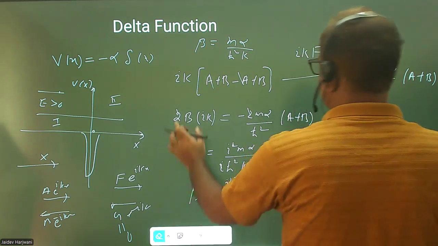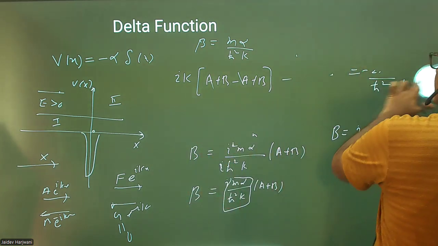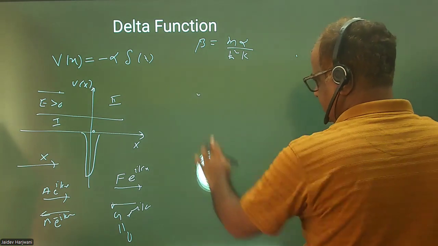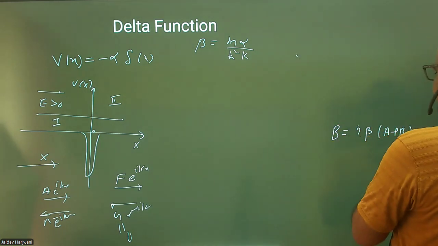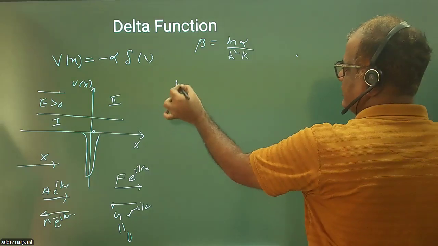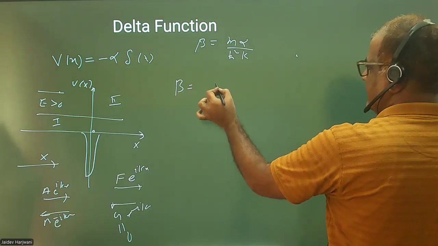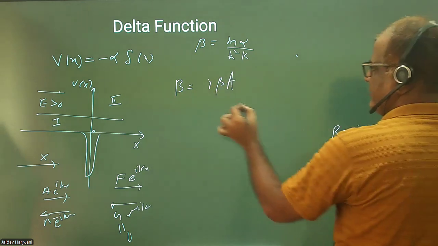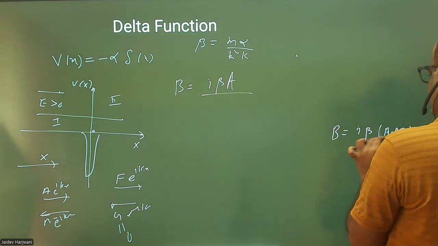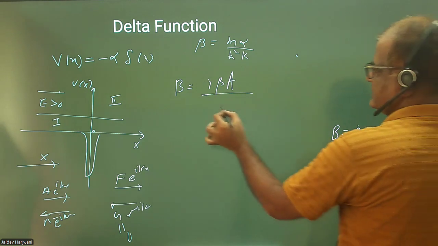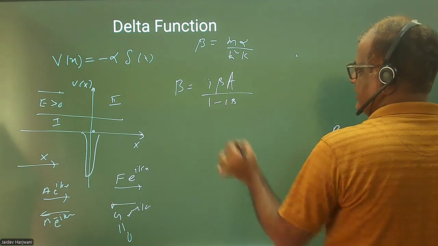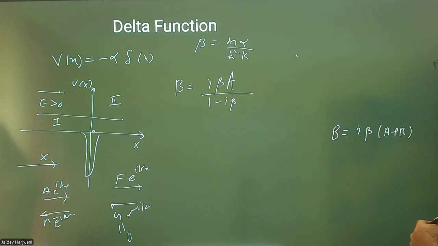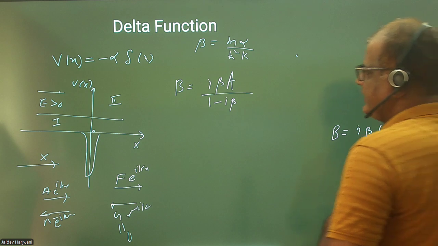So from here now we can solve for b. So b comes out to be iota beta a upon 1 minus iota beta. This is a relation between b and a.